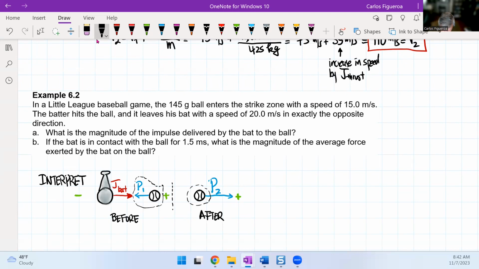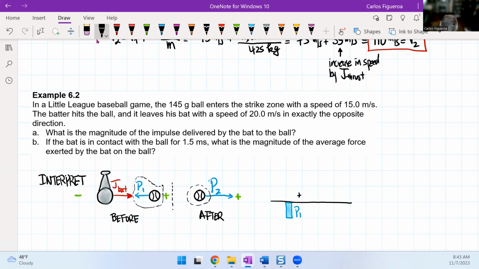So what does this tell me about the bar diagram? The bar diagram says that the initial momentum of the ball is negative, and the way I show that it's negative is that I draw it below my axis like that. So that is negative. So what does the bat do? The bat now comes in and it changes the momentum of the ball.